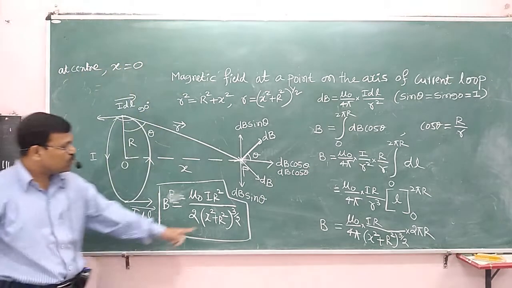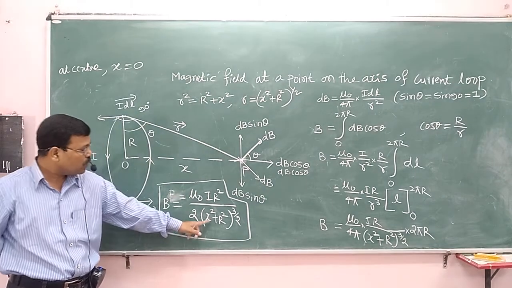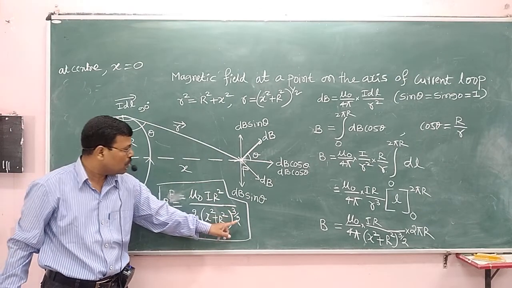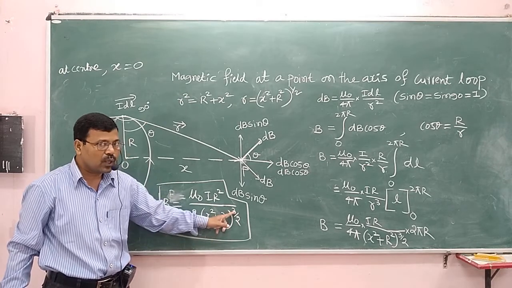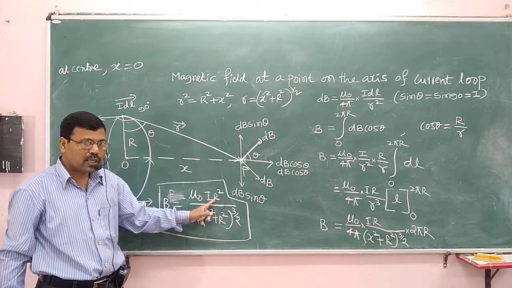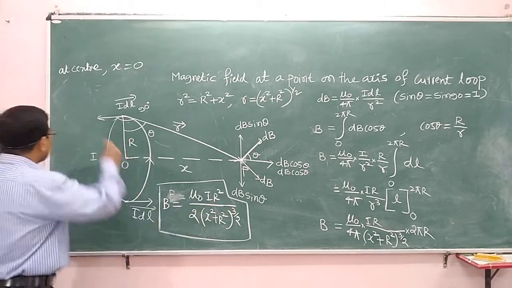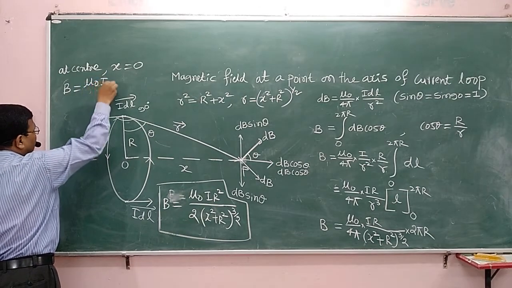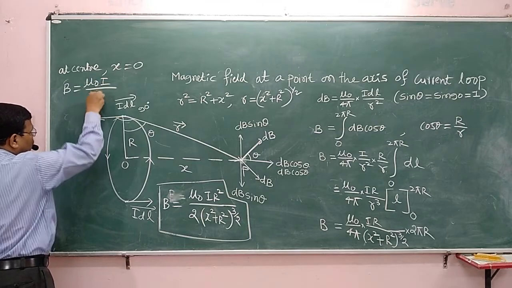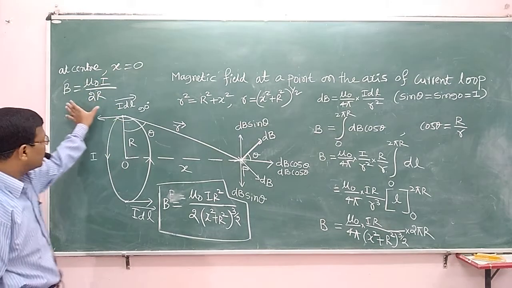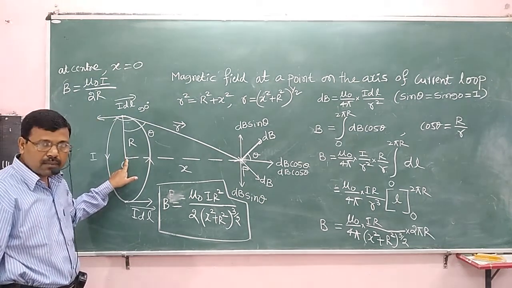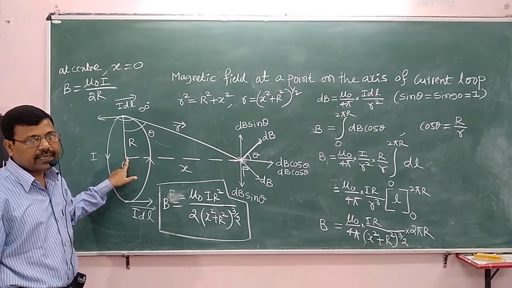If you substitute x equal to 0, what do you get? R square raised to 3 by 2, you get r cube. r cube cancels with r square, 1 r is left here. So we get B is equal to mu naught I divided by 2r. This is the magnetic field produced at the center of the current carrying coil.